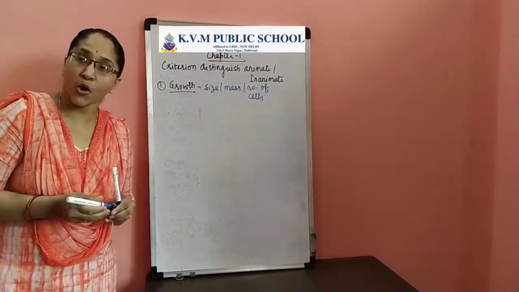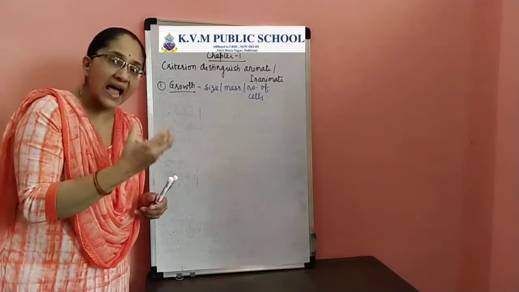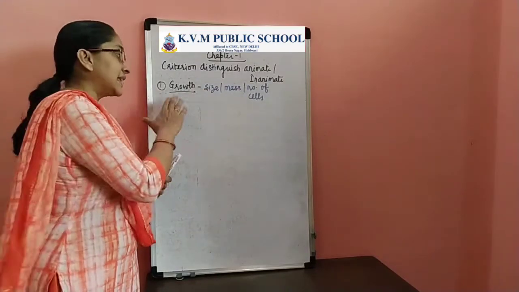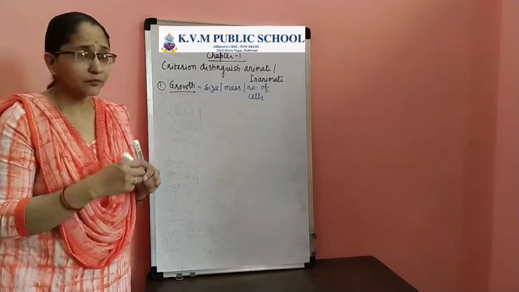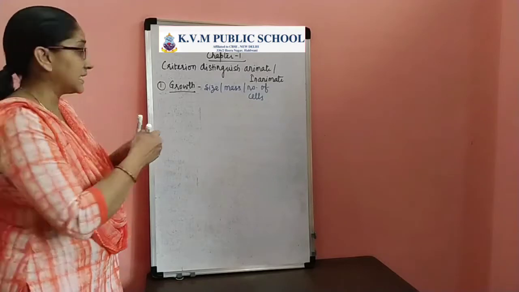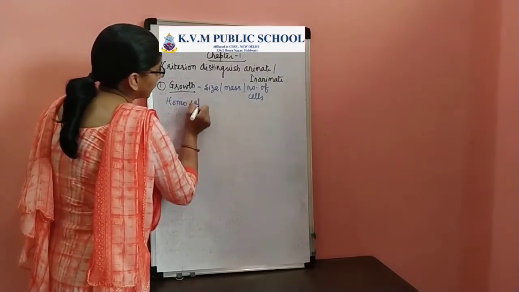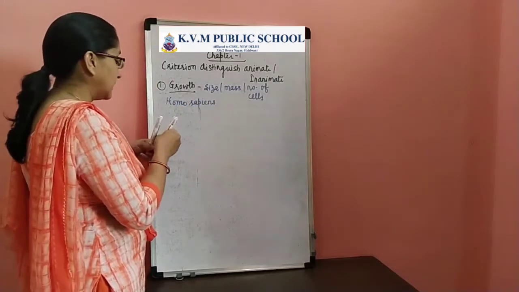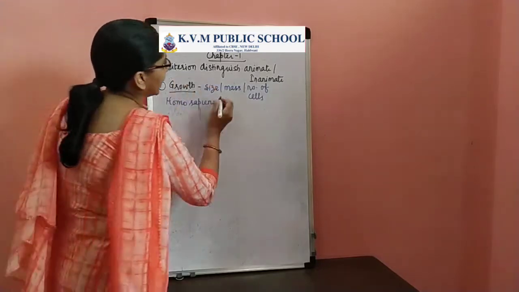So, if any moiety is showing any of these characters, that is either an increase in size, or an increment in mass or the number of cells, then we say that the particular entity is exhibiting growth. For example, if we take Homo sapiens, there is the process of cell cycle, which includes mitosis as well as meiosis.